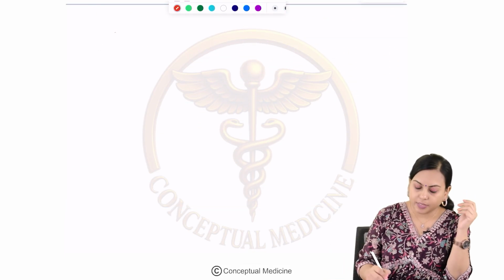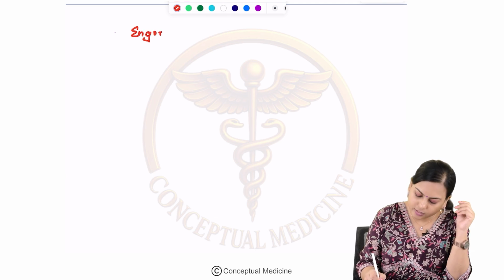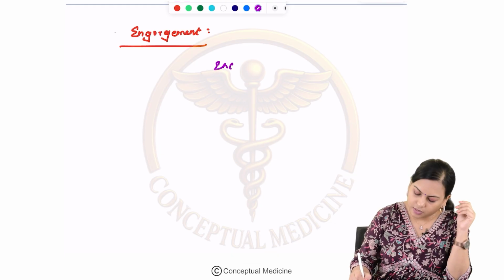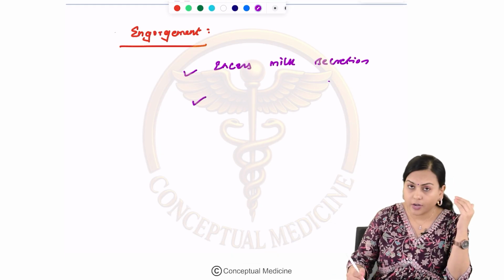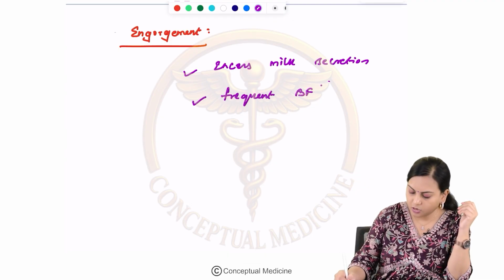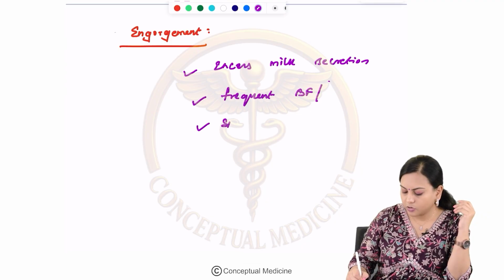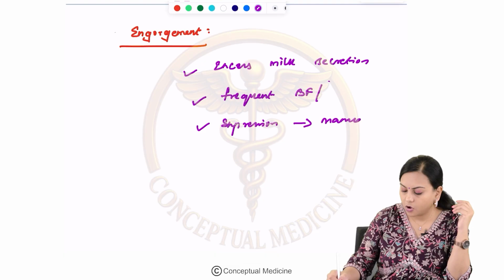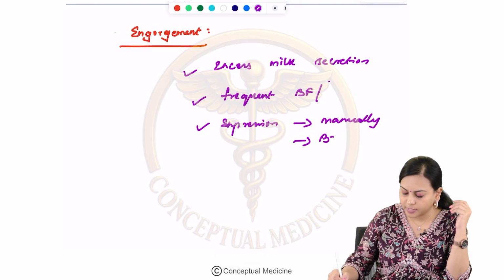Another problem you can expect is engorgement of the breast. So, this happens when there is excess milk secretion. You should advise them frequent breastfeeding or expression of milk either manually or by using a breast pump.